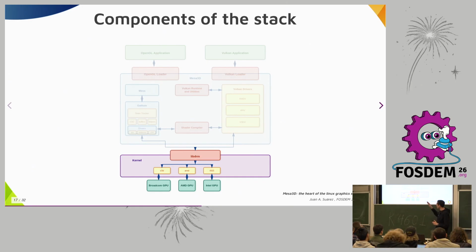When your Vulkan or OpenGL driver has everything ready to be executed, with everything in memory, it sends that through libdrm to the kernel, and then each of these specific drivers schedules the job.